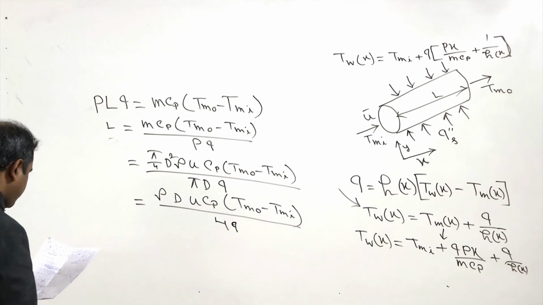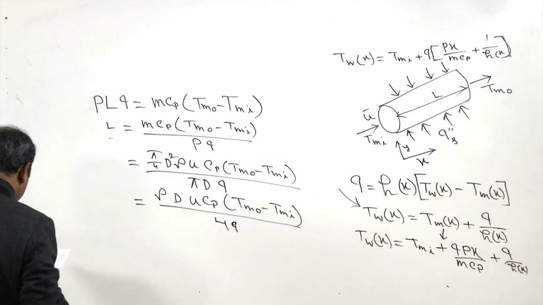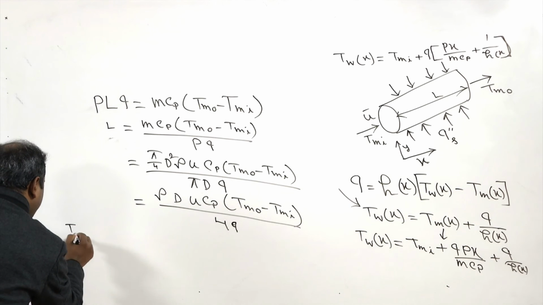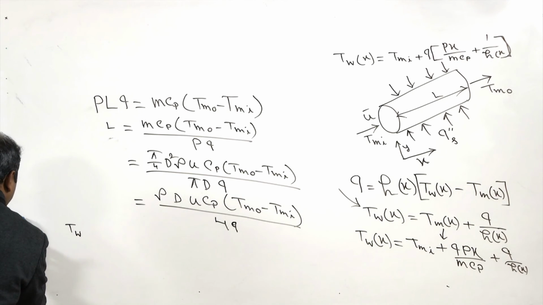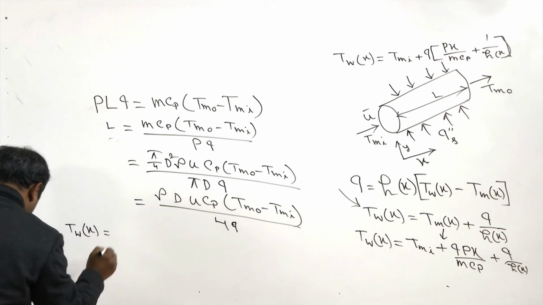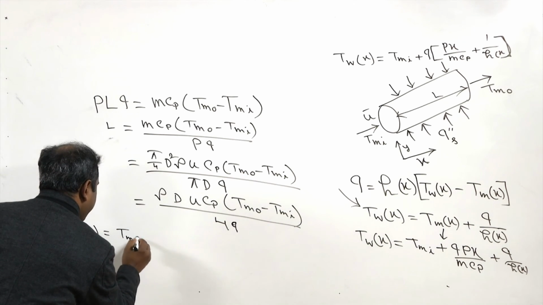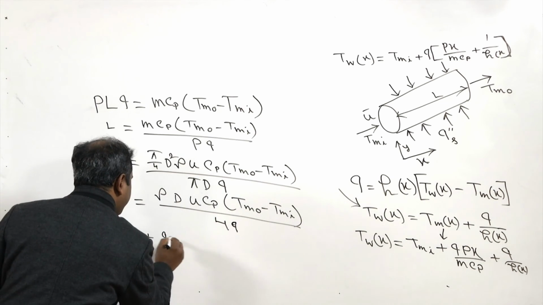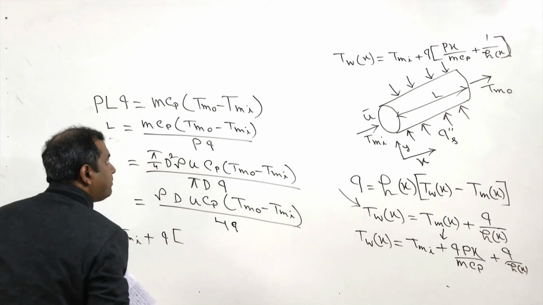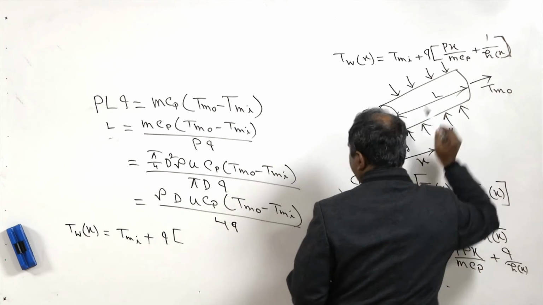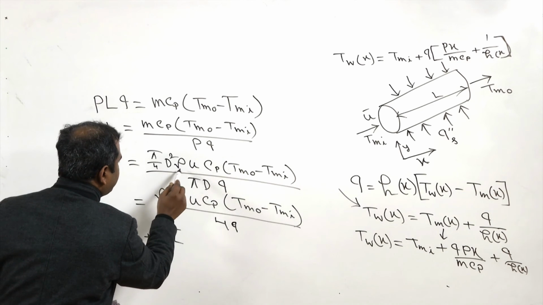Now, let us also try to find the final expression for Tw by putting P and m in terms of the tube. So, Tw of x actually becomes Tmi plus Q, which we have taken common. In the case of P by m Cp, I have already written what P is, pi d, and m will be nothing but pi by 4 d square rho into u.